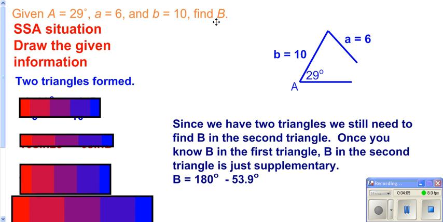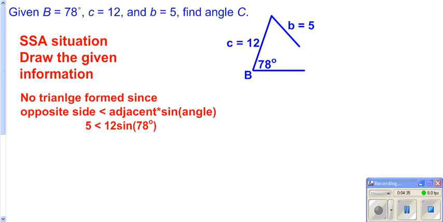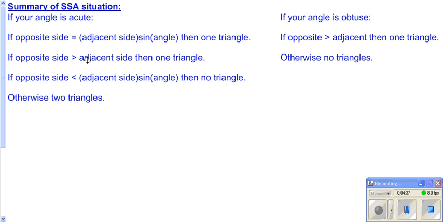Now we need to go ahead and find B. In this case, we're only looking for angle B. Well, we have two triangles formed. You draw your triangle in the context of what you're given. You notice once again it's a side, followed by an angle, so it ends up being, once again, a side-side angle. So we need to follow our rules that we had back here to see which one it is.